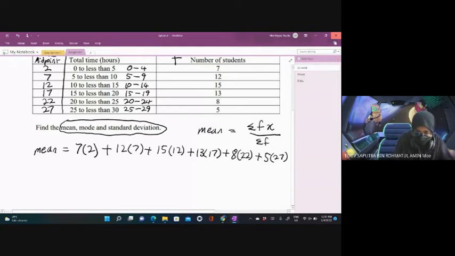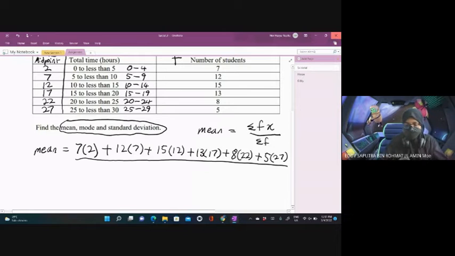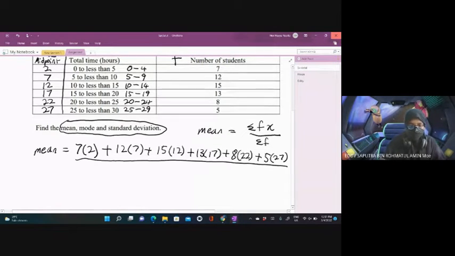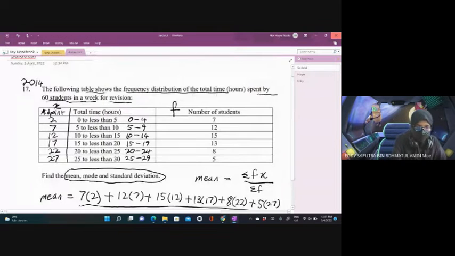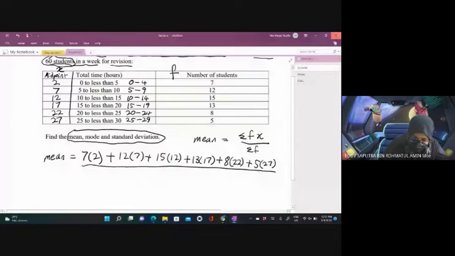Then we divide by the total number of students, which is 60, as stated in the question. There are 60 students, so we divide by 60.